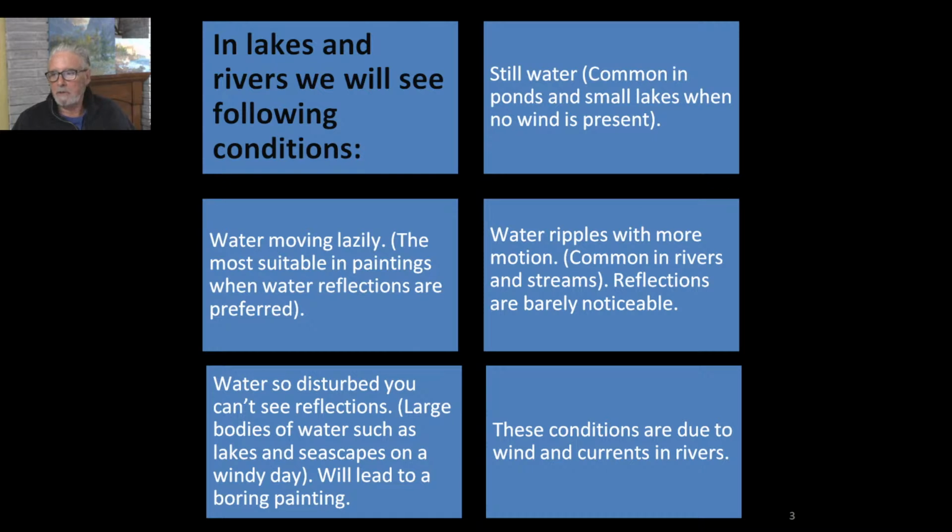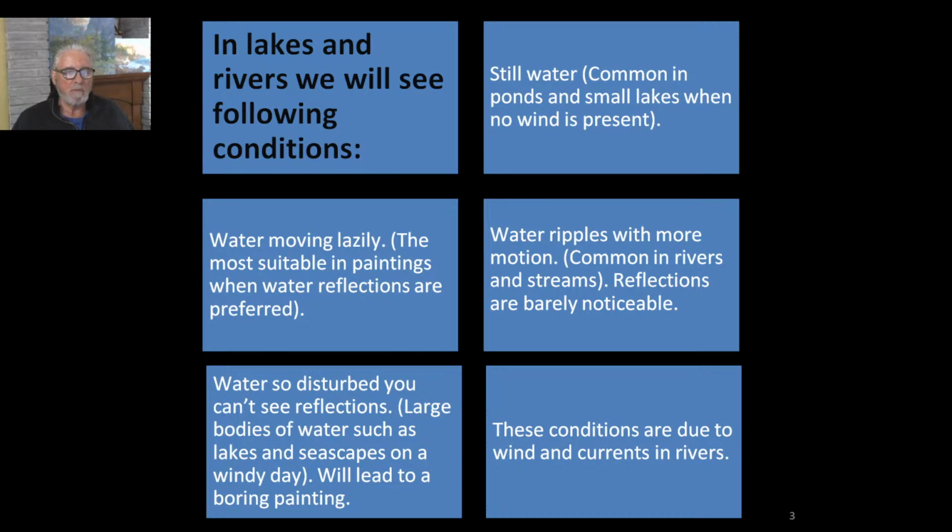Okay, so I'm going to read to you where it says here, in lakes and rivers we see the following conditions. Still water, common in ponds and small lakes when no wind is present. Water moving lazily, that's the most suitable in paintings when water reflections are preferred. You will see examples of this.